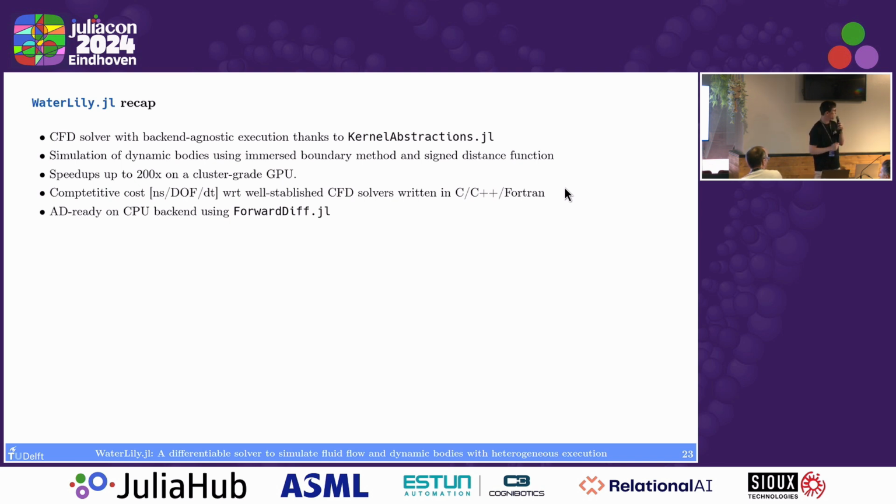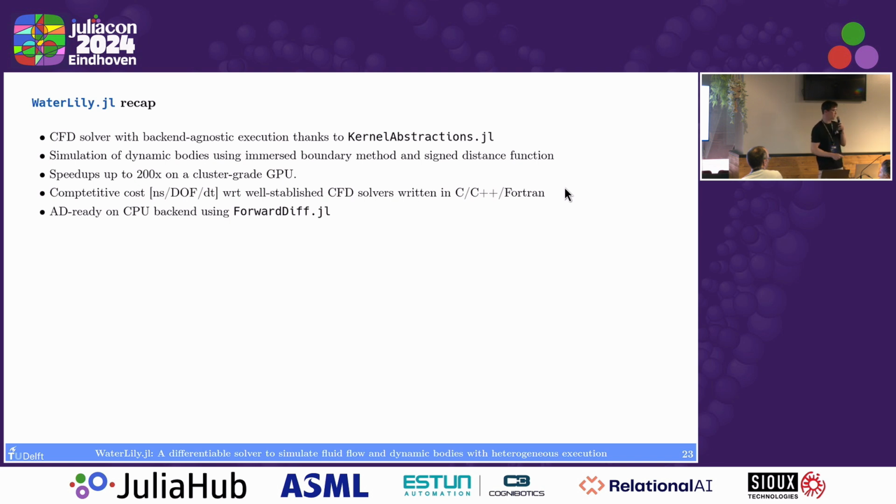We have very competitive cost, and, as you may have seen in the title of the presentation, it's a differentiable solver. We got that a couple of weeks ago because we needed to fix some functions about the types. It works very well on the CPU backend, and we are now fiddling with the GPU because it was not working out of the box.